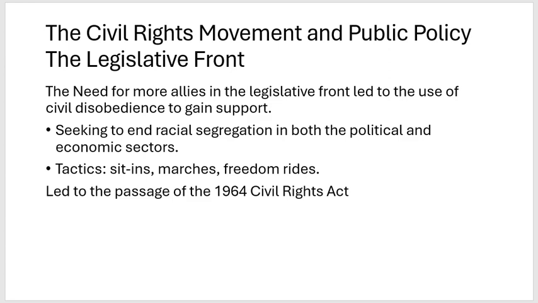And so this is both politically and in economic sectors. In other words, if you're doing sit-ins and marches and freedom rides and you're hurting businesses and you're raising all sorts of publicity that does not look good, it had its impact. And that led to the passage of the 1964 Civil Rights Act, the first Civil Rights Act basically in 100 years.